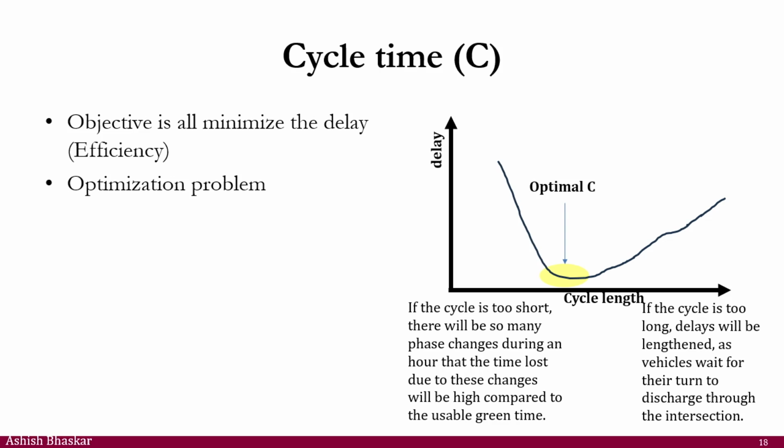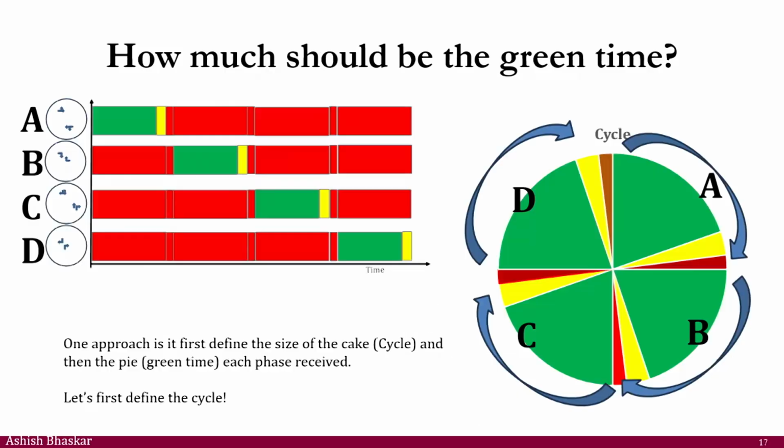If your cycle is too short, there are so many phase changes during an hour that the lost time due to these changes will be high compared to the unused green time. I will come to lost time again later on, but your all red and the yellow equivalent is the lost time.